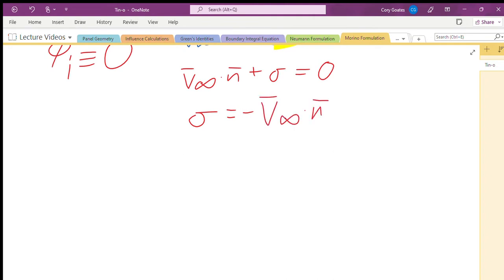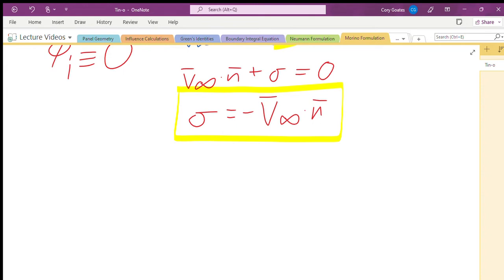dotted with n. Now this is really powerful because due to the choices we've made, our source strengths are now only a function of local panel geometry and the free stream. We don't have to formulate a system of equations to find out what sigma is.